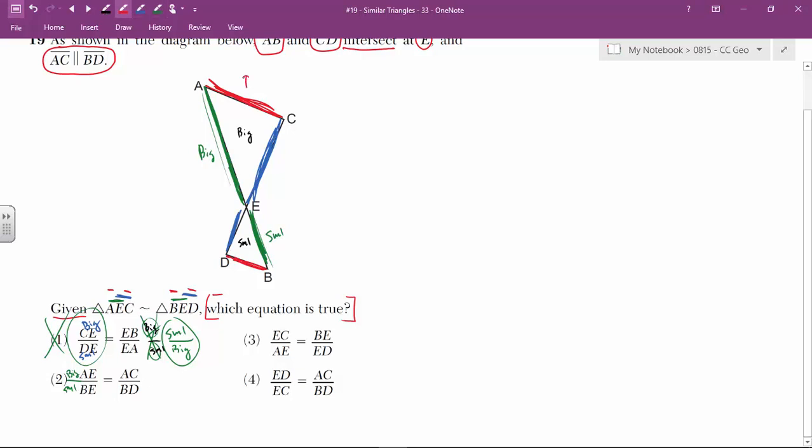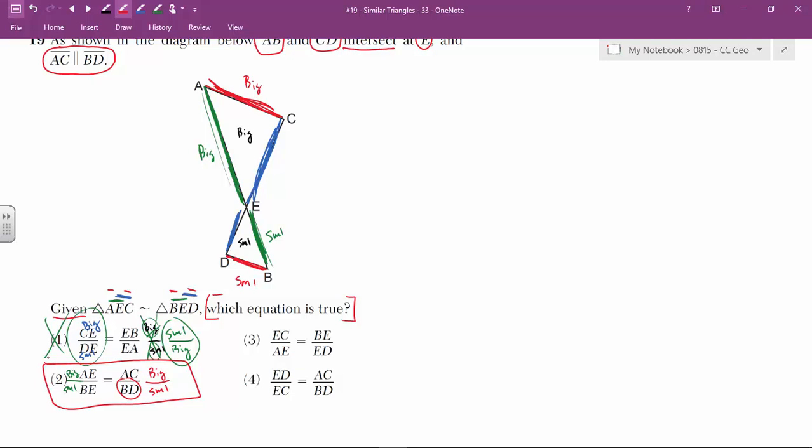So AC is big, and the only thing we need is, it needs to be this one, DB. And if we see, we have the corresponding piece, the small. So this looks like our answer. If you go through all the others, 3 and 4, there will be something wrong with them. And I encourage you to do that.